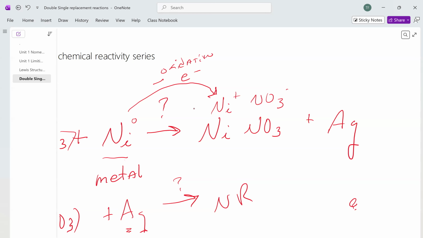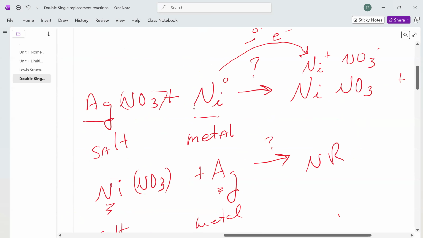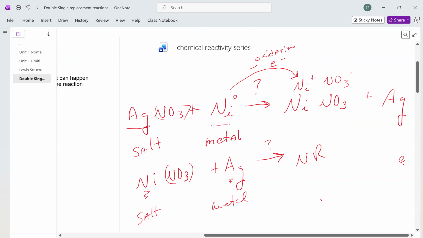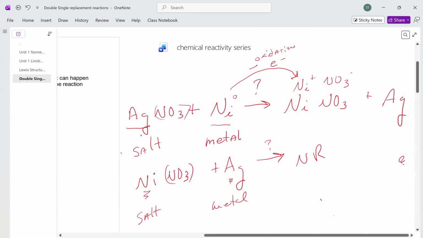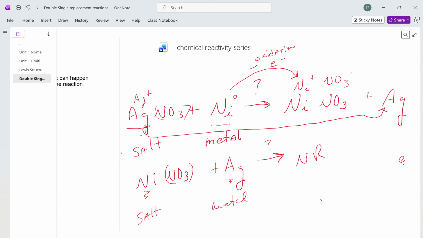So that means the silver must be gaining the electron. Okay, so this is Ag plus. So here, going from a +1 to 0, that means this gains an electron.